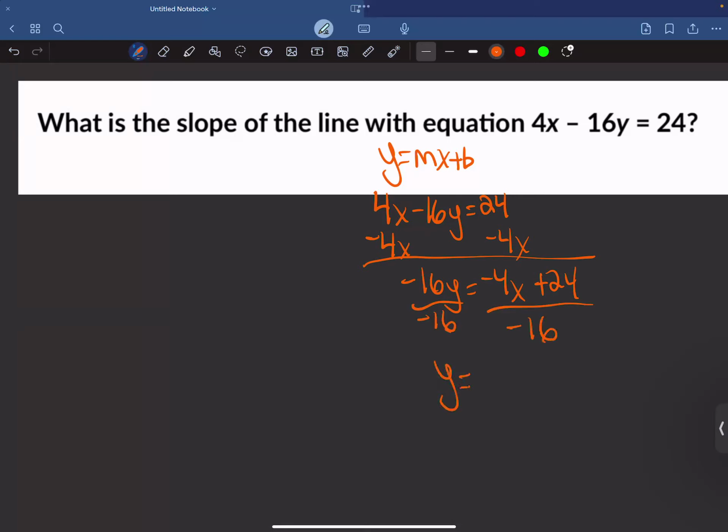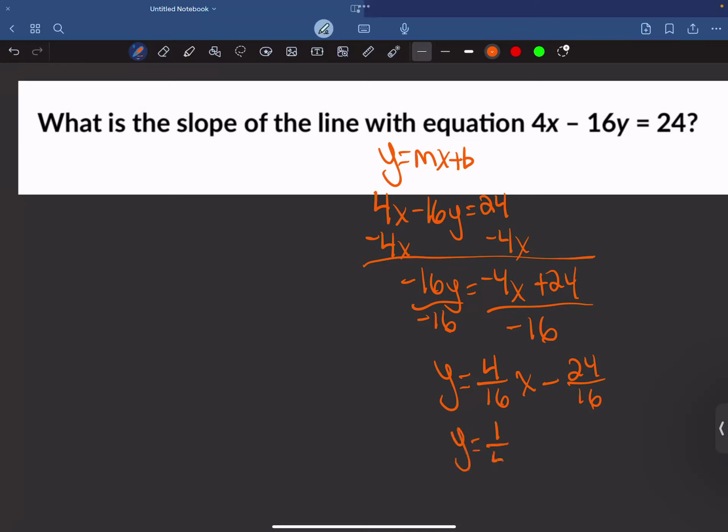So that's going to leave me y equals 4/16x minus 24/16. Why? Well, a negative divided by a negative becomes a positive. So that's how you have this positive 4/16 here. And then a positive divided by a negative will become negative. So that's why I changed that to a subtraction. But we do need to simplify this.